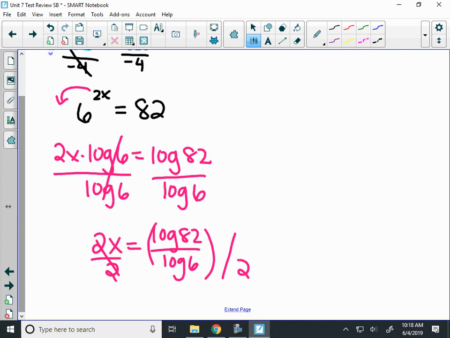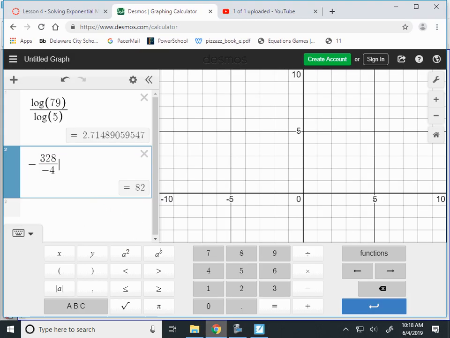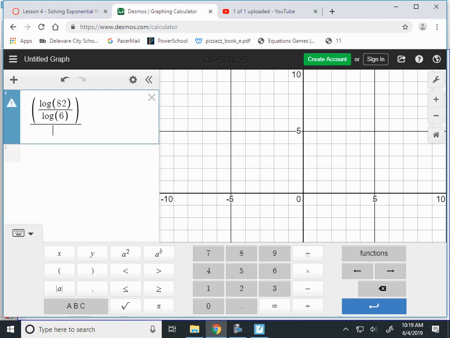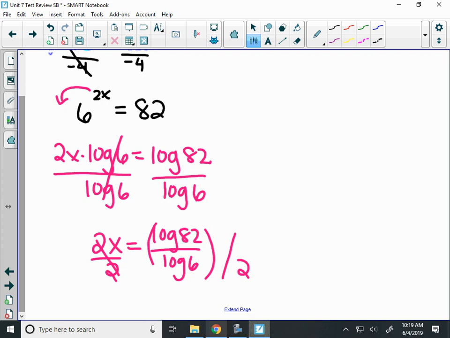Now you can go ahead and type things in. Log of 82, so I'm going to put this in parentheses. So in the numerator, log of 82 divided by log of 6. And the whole thing is being divided by 2. I should get 1.230 when I round.